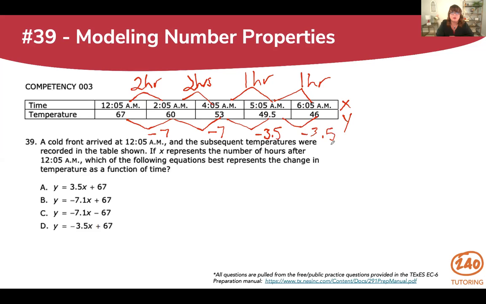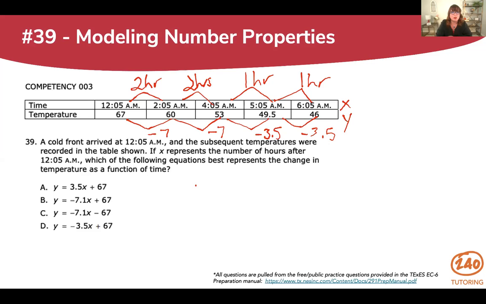I wonder if any of you are seeing it yet. We have a relationship here, all right? 2 hours was a 7 degree drop. 1 hour was 3.5. Anybody done the math in their head yet? All right, if I double 1, I get 2. If I double 3.5, what do I get? 7.